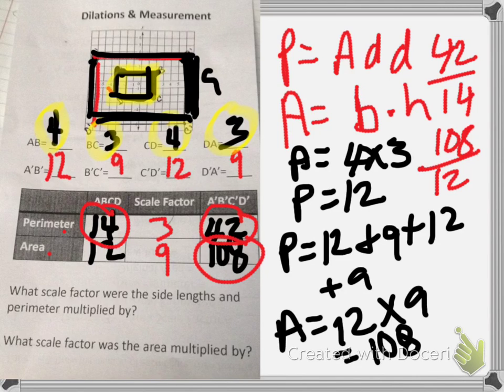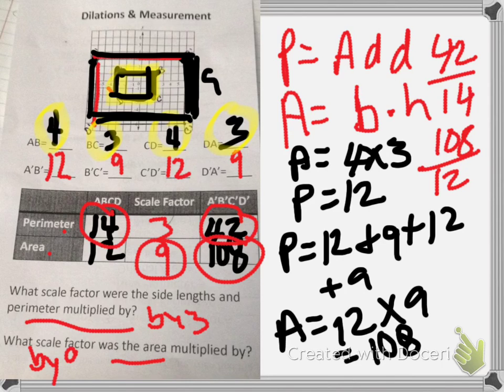The scale factor for the area is 9. What scale factor were the side lengths and the perimeter multiplied by? They were multiplied by 3. What scale factor was the area multiplied by? If you look here, our area got multiplied by 9.